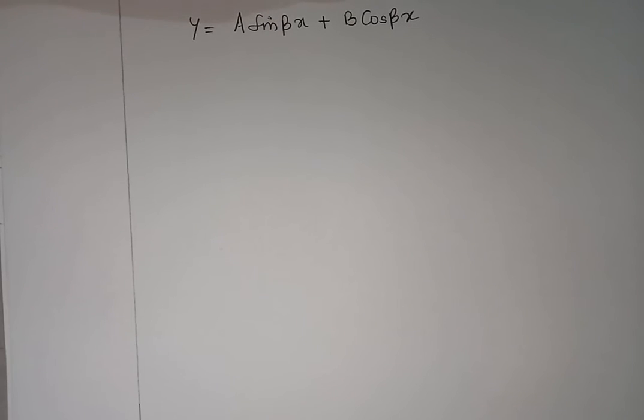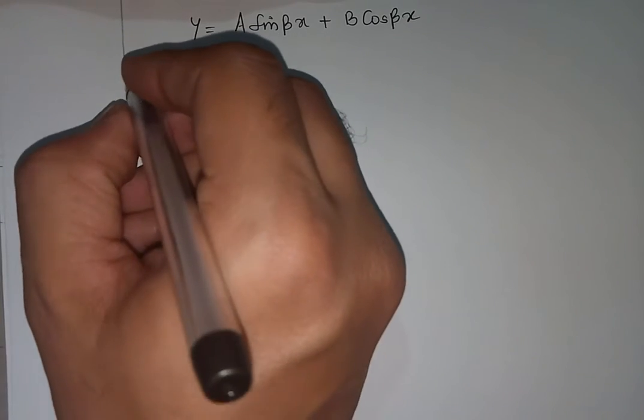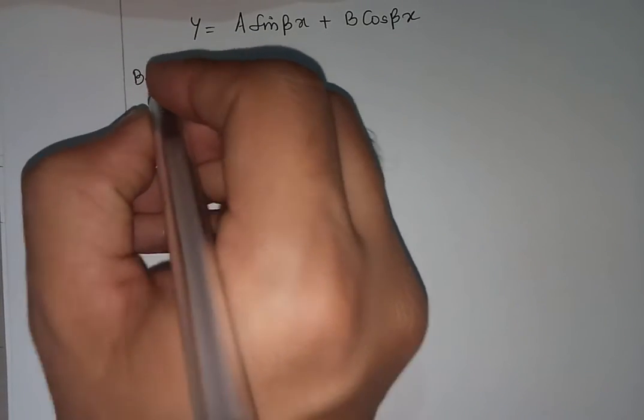So then we are making use of the boundary conditions. Now what are these boundary conditions? I'll be writing it as BC.